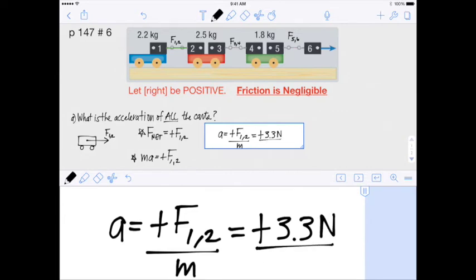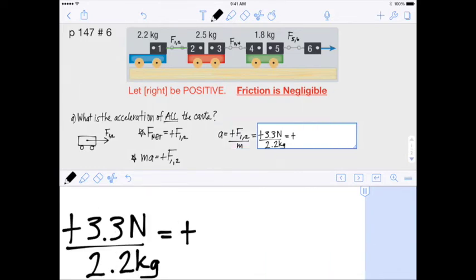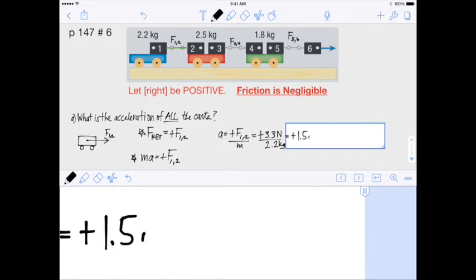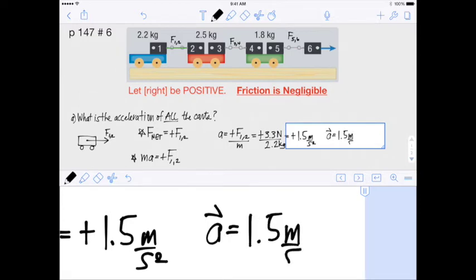And from the diagram, we know that cart 1 has a mass of 2.2 kilograms. If we punch this into our calculator, we end up with positive 1.5 meters per second squared. So we can say the acceleration of all the carts is 1.5 meters per second squared forward, or right.